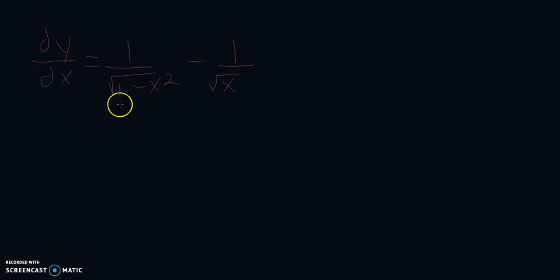Now, this one's not so hard to get if you remember all your derivatives. This one requires a little bit of finagling. So you could write this function as minus x to the negative 1/2. And that will make it easier for you to solve.